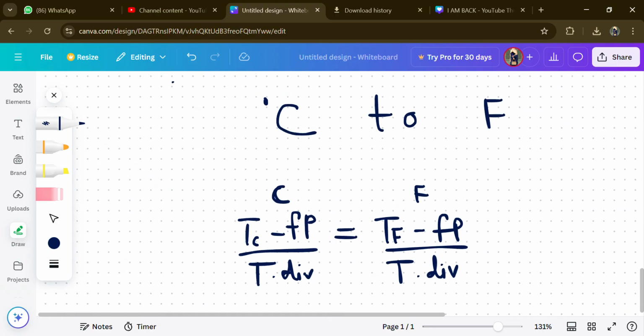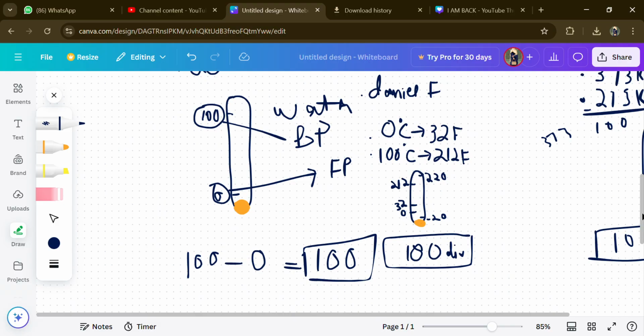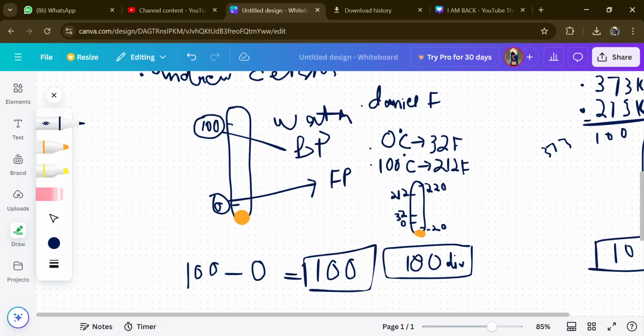As we all know, in our previous lectures, we have covered this. The freezing point of the Celsius scale is 0, and whenever we are transferring from the Celsius scale to Fahrenheit, 0 degree centigrade is equal to 32 Fahrenheit in the Fahrenheit scale, and the total divisions in the Celsius scale is 100, and in Fahrenheit it's 180.